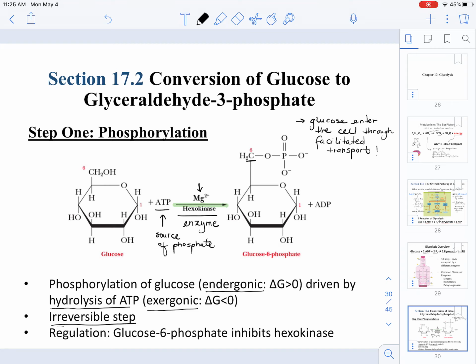So remember that in facilitated transfer, we're going to have a channel that is going to allow the glucose to come in. Now, why is it that we need to put a phosphate group on the glucose?